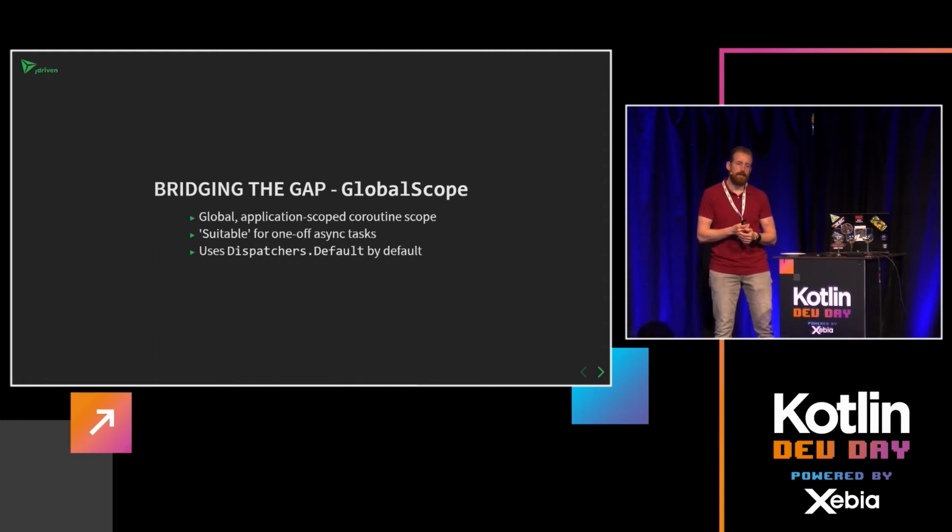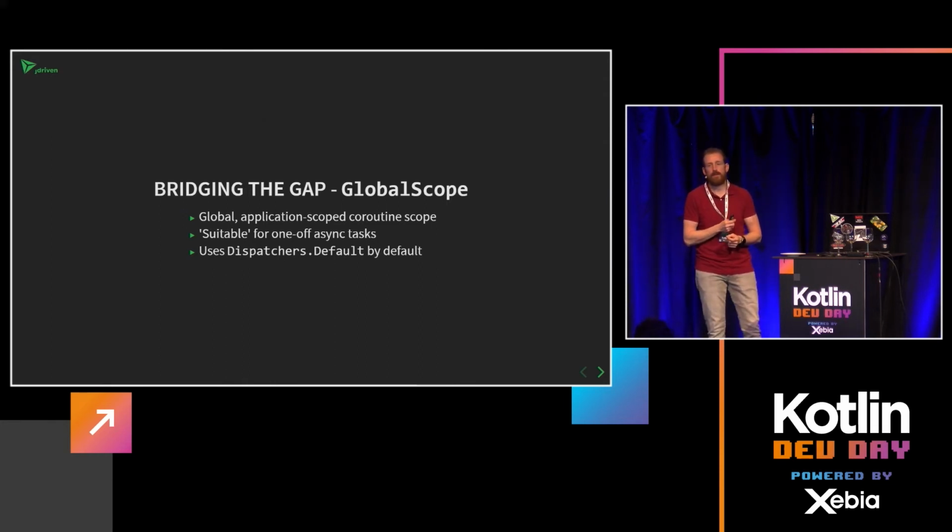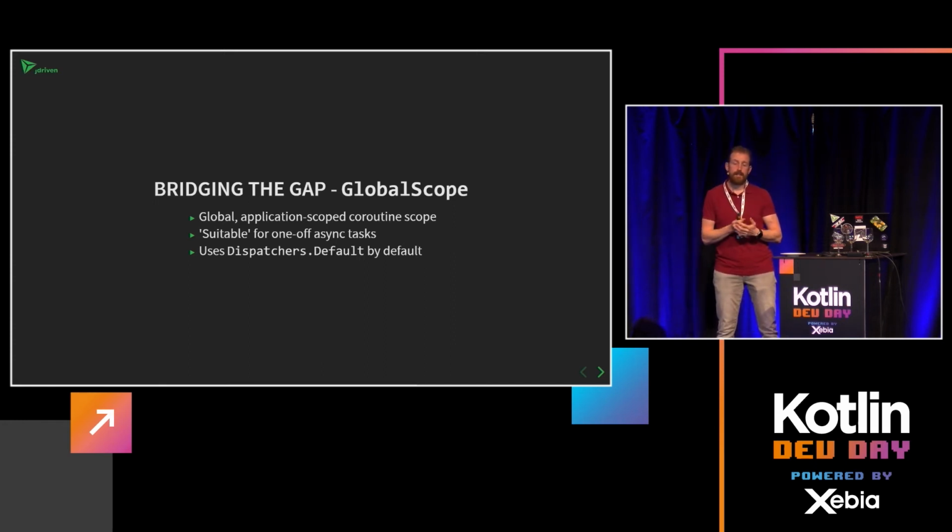I say it's suitable for one-off async tasks, but suitable is between quotes because there are some downsides to using it. This GlobalScope uses Dispatchers.Default by default. So if you use the GlobalScope to launch some asynchronous task, it is done on another thread.